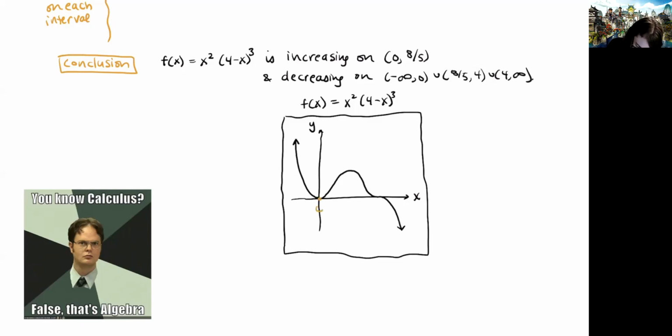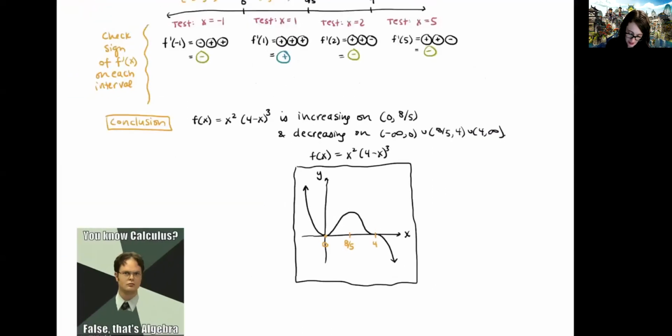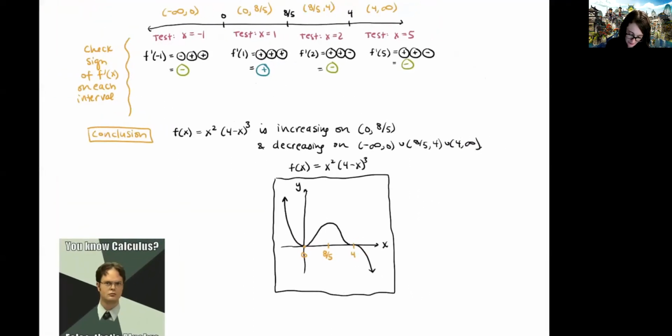Let's sketch in the important numbers we found. Our critical points were at 0, here 8/5, and here at 4. Notice at all of those 3 places, we've got a horizontal tangent line or a slope of 0. The function turns around at 2 of those, but at 4, it continues to decrease, right? And so that's what we found in our chart.